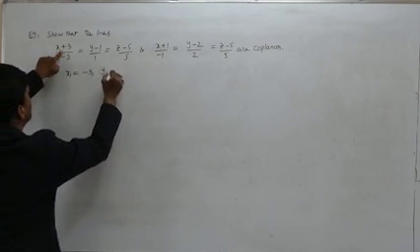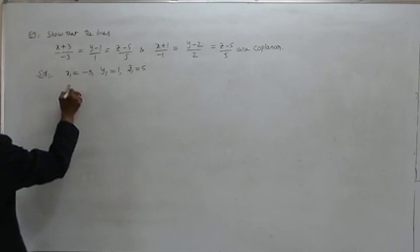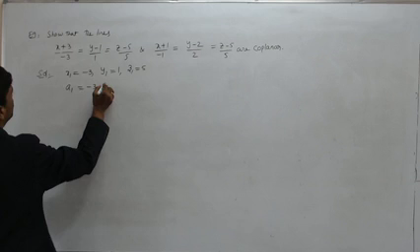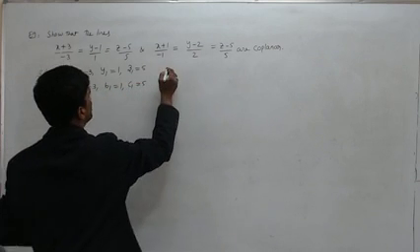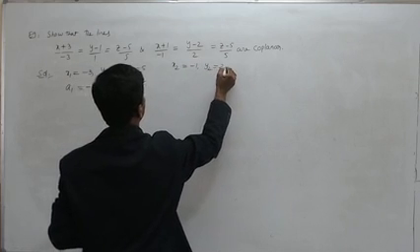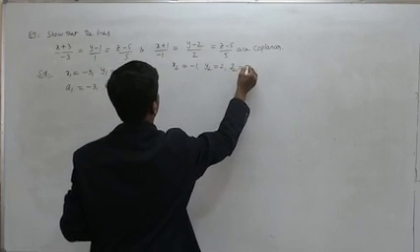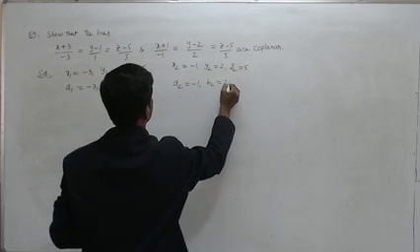Y1 value becomes 1. Z1 value becomes 5. Then a1 is minus 3, b1 is 1, c1 is 5. Then for the second line, x2 is minus 1, y2 is 2, z2 is 5, and a2 is minus 1, b2 is 2, c2 is 5.